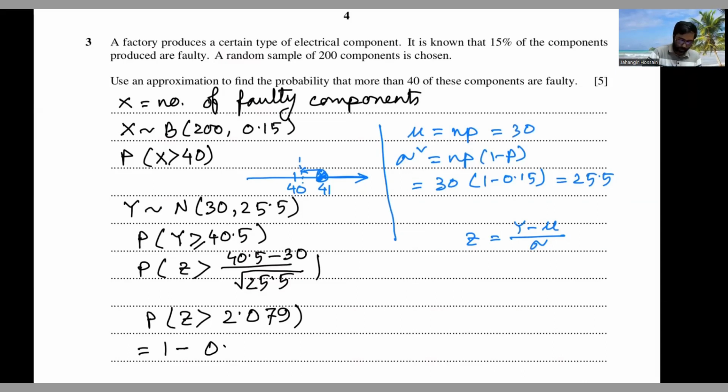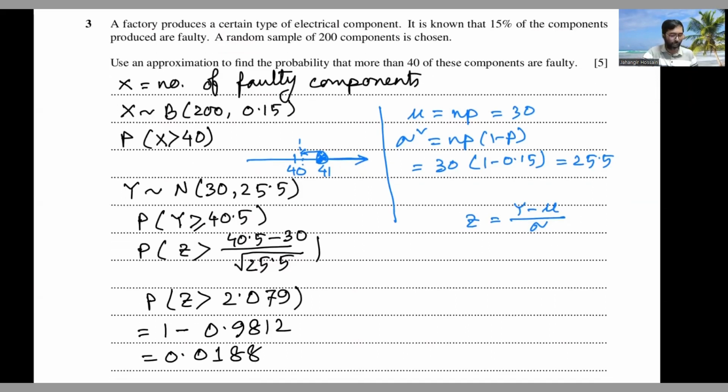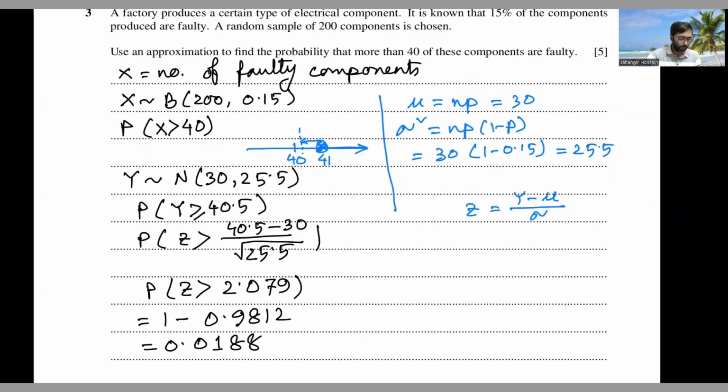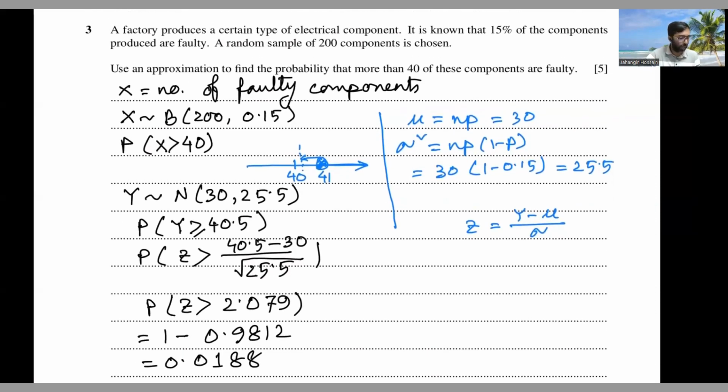So 1 minus 0.9812, that will be the answer, equal to 0.0188. That's the probability that more than 40 of these components are healthy. Okay, that's part 3. Now that's question number 3.